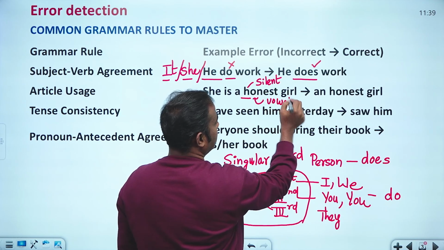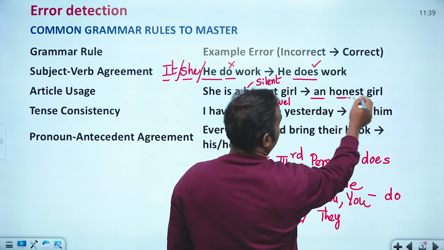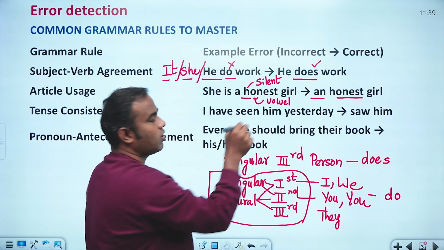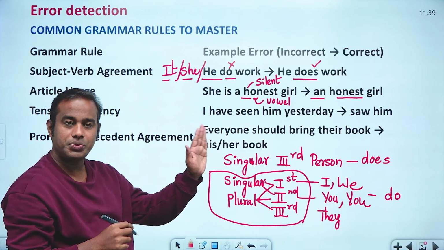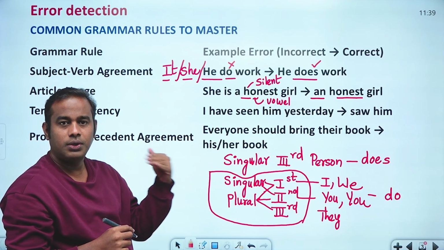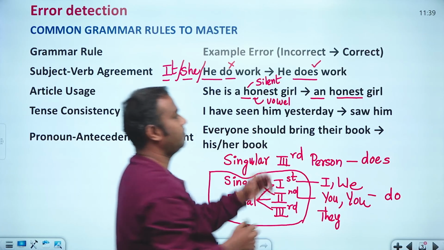So it should be: She is an honest girl. The next sound is O, which is a vowel, and any vowel will carry an as the article. That's the reason why it will come.